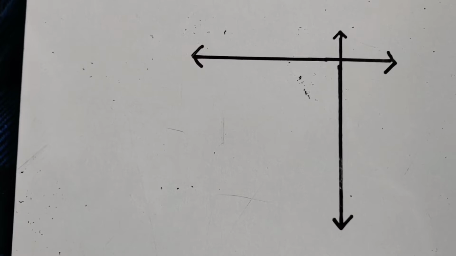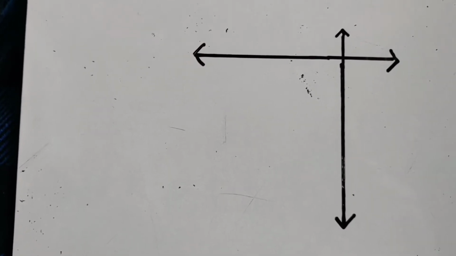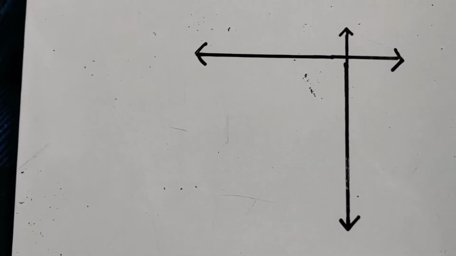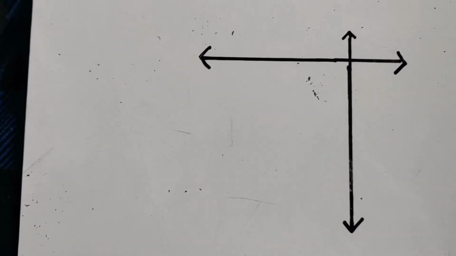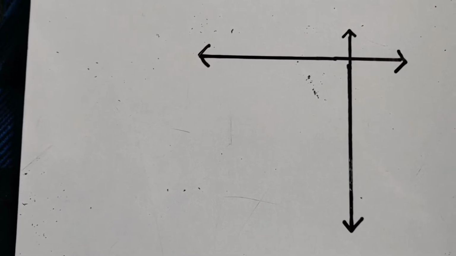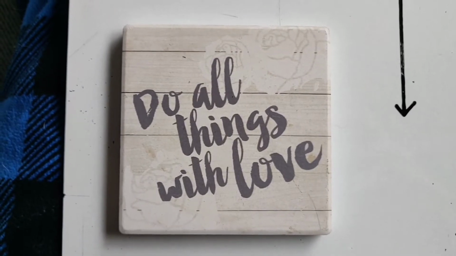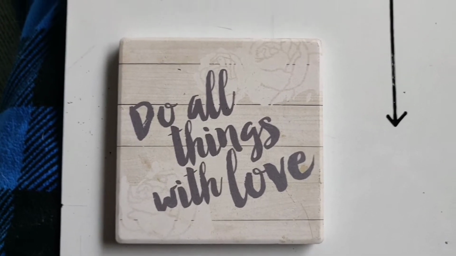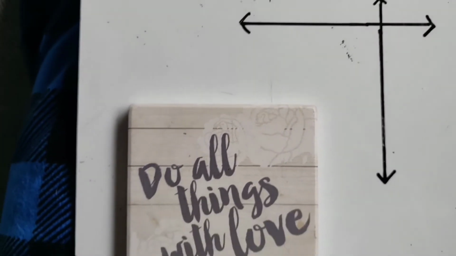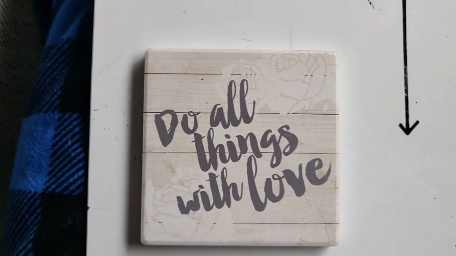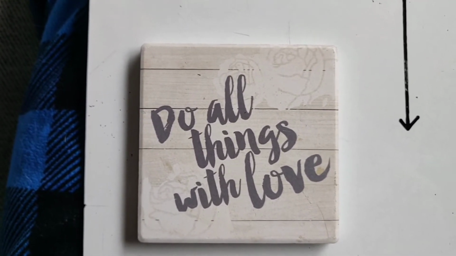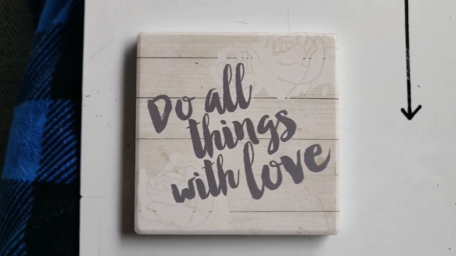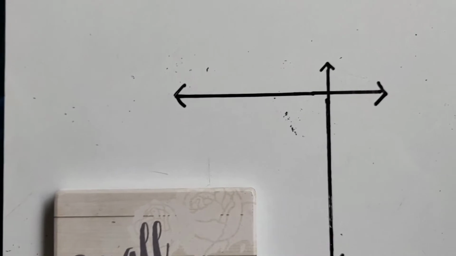So notice, even though they are intersecting lines, they intersect in a very specific way, and that's what makes them perpendicular lines. And notice that I used a part of a square object to trace those perpendicular lines, and just notice what the corner's like. What we do is we call that a right angle or a 90-degree angle.